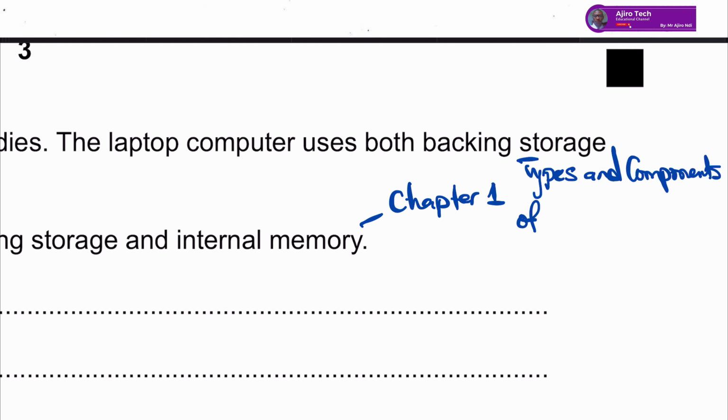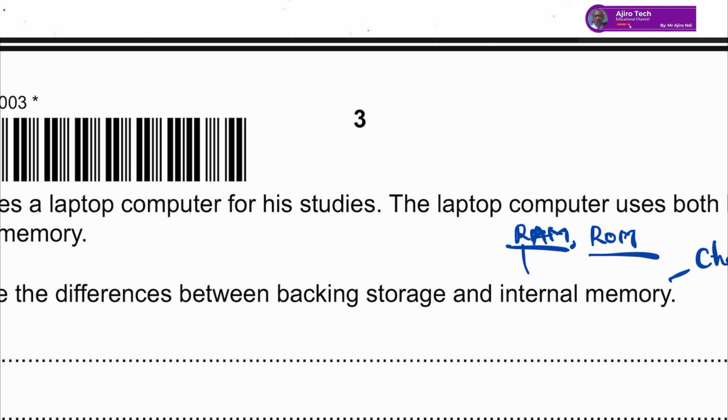So we talked about the internal memory. When it comes to the internal memory, they have the RAM and ROM, which is the random access memory and the read-only memory. And when we talk about the backing storage, it is able to store large amounts of data.